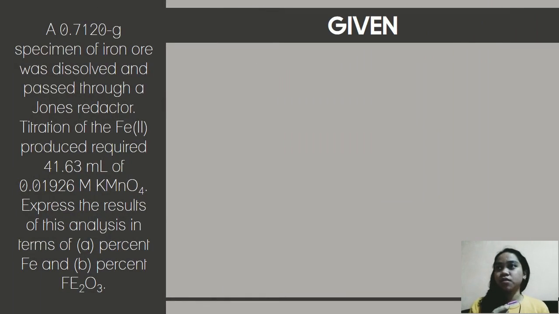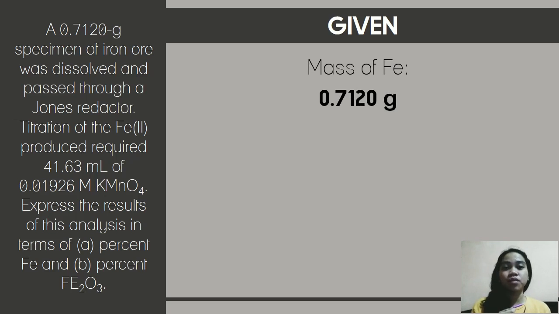in the problem. A 0.7120 gram specimen of iron ore was dissolved and passed through a Jones reductor. So it is clearly a mass of the iron, 0.7120 grams, and titration of the ferrous oxide produced required 41.63 mL of 0.01926 molar potassium permanganate.